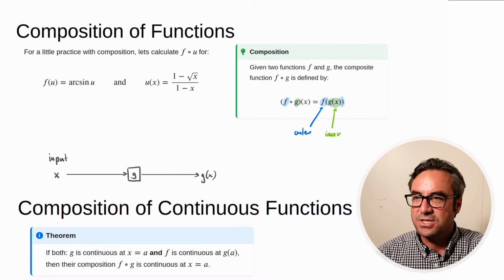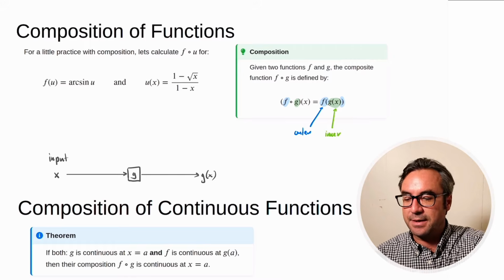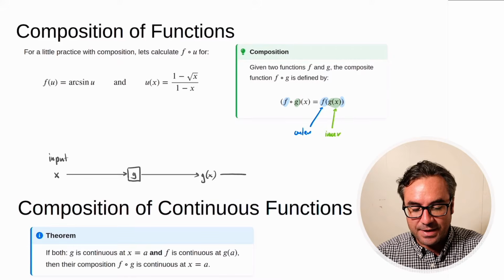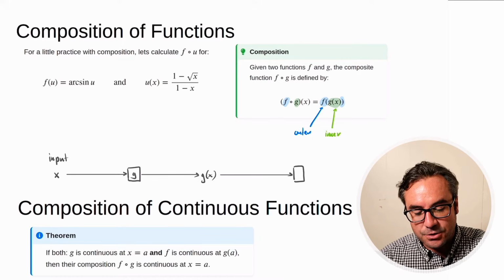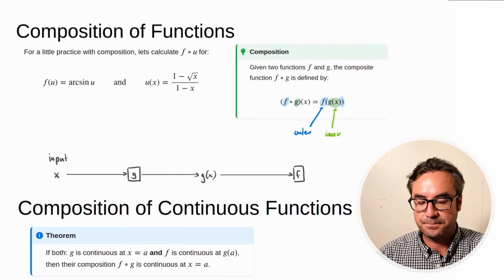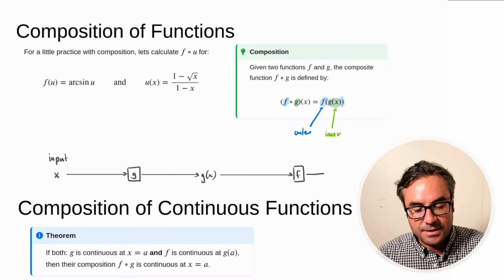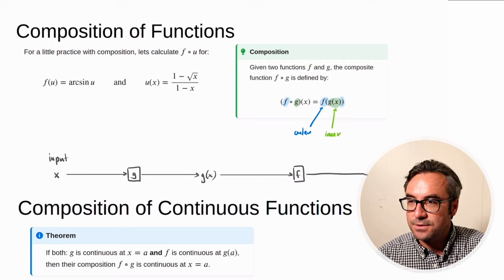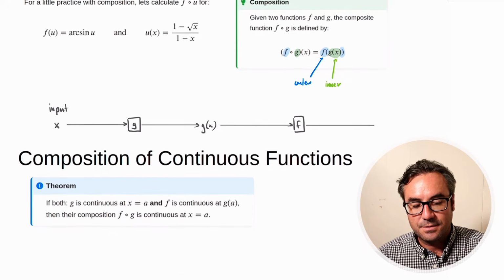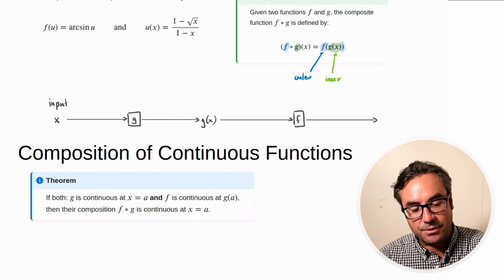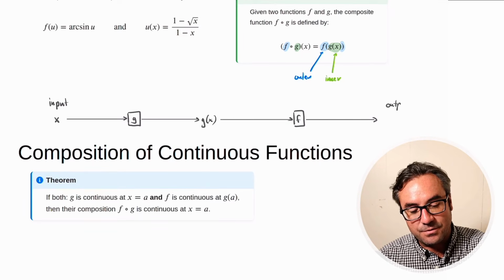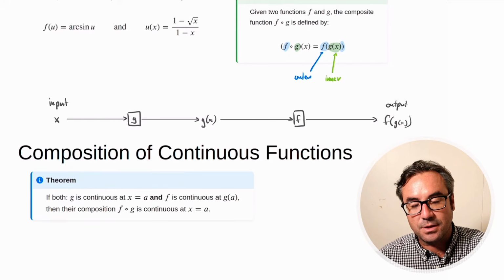So you can almost think of this as like an assembly line. So then it takes g of x, and the conveyor belt keeps going, and we plug it into function f. And what that does is that returns our final output here of this function. So this is our final output, and it's f with g of x plugged in.